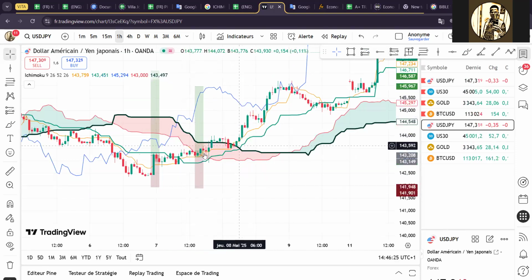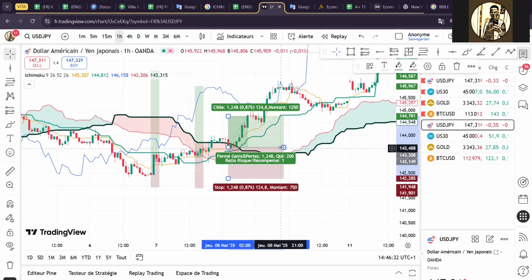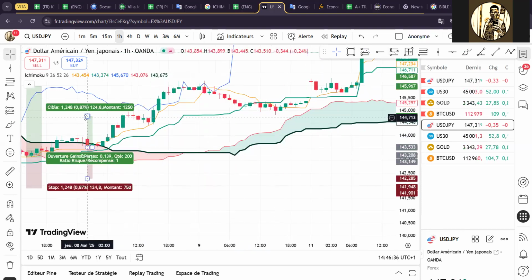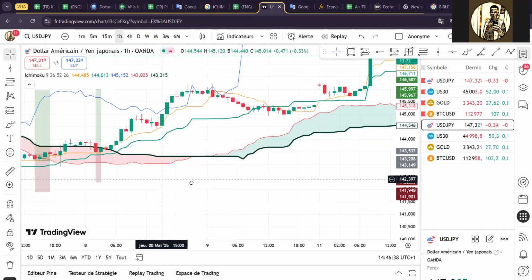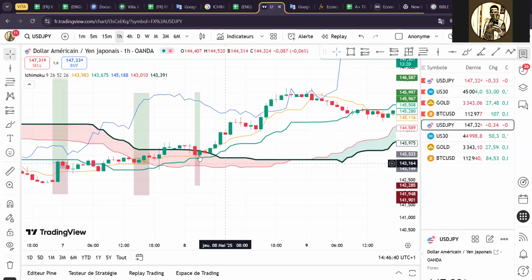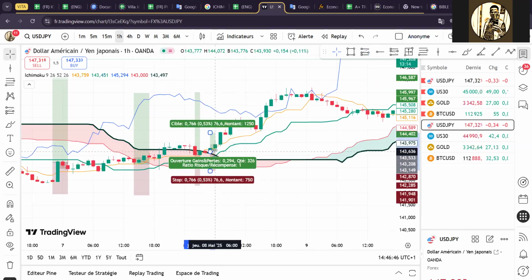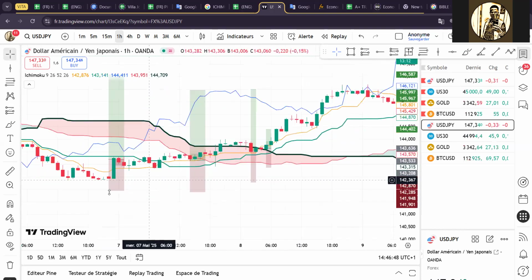Then we have Tenkan and Kijun both inside the cloud, showing us a reversal here, right? The reversal is still good to the upside. Then you have a sort of inverted transition here, a small transition. Okay, I did not place the stop loss right.